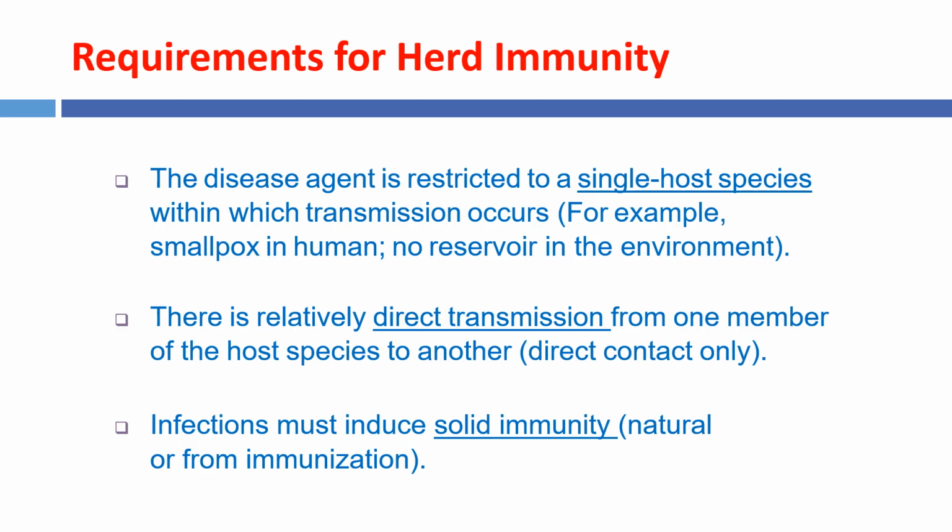There is no other reservoir in the environment. Then condition number 2, there is relatively direct transmission from one member of the host species to another. Transmission happens from one person to another person, most of the time directly, with direct contact.